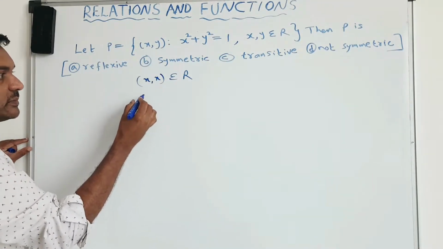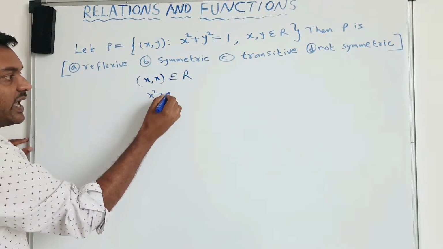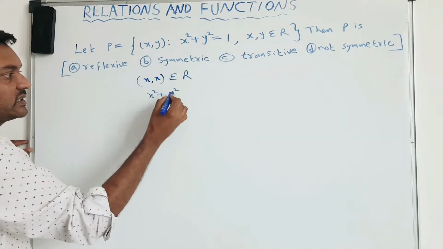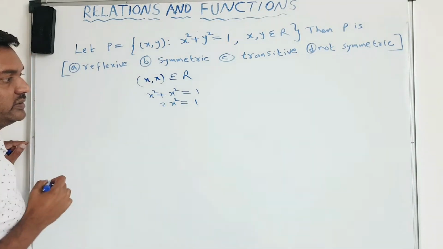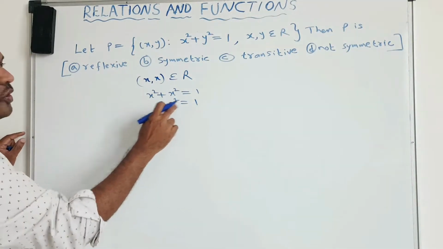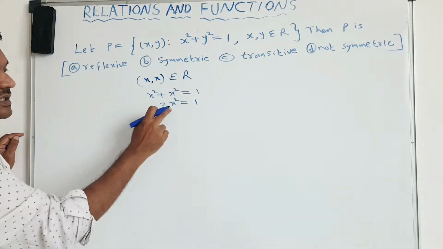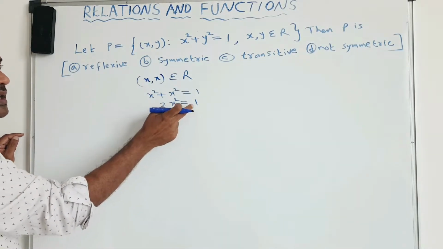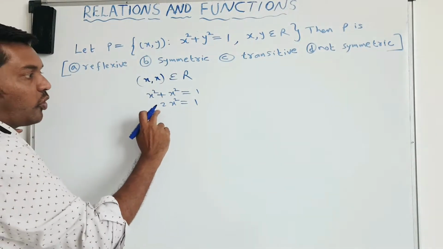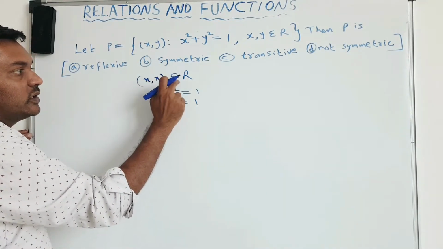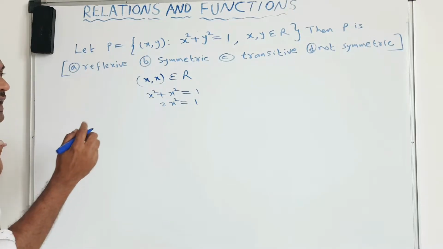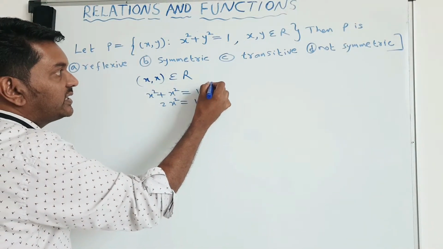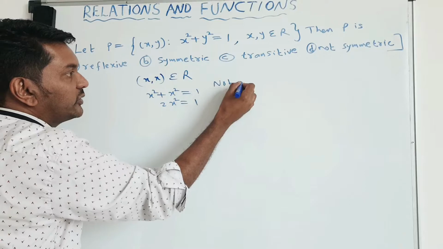So x comma x means x square plus x square. Replace y with x, equals 1. 2x square equal to 1. It is not always true. If x is plus or minus 1 by root 2 only, it will be true. But for all the elements, x comma x should belong to this relation set. So you can clearly tell that this is not a reflexive relation.